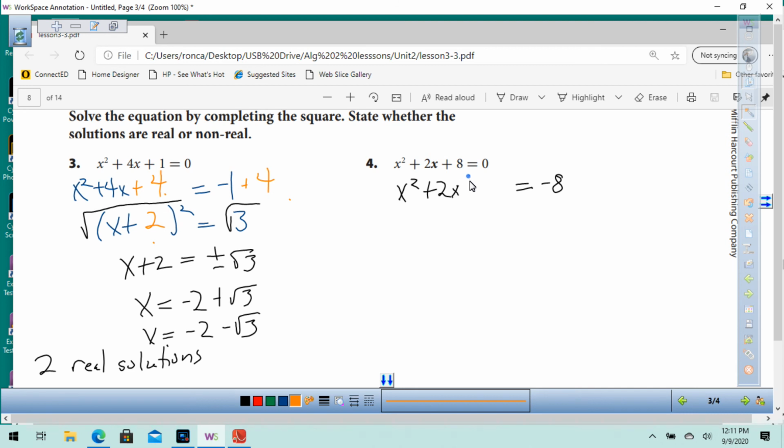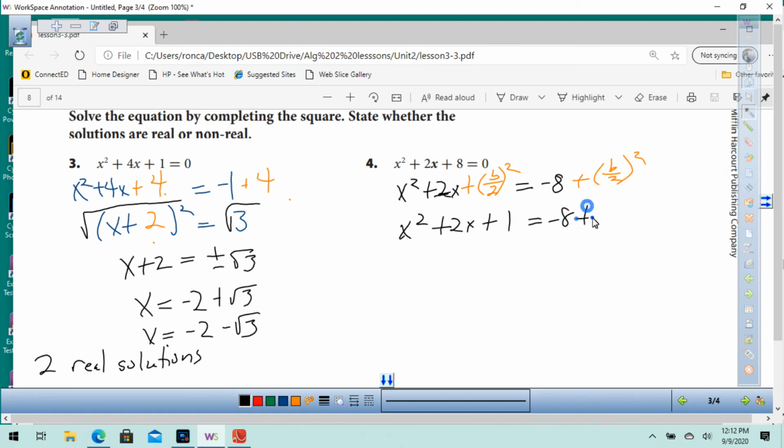We're going to add b over 2 squared to both sides. Okay, and that's going to give us x squared plus 2x plus, and then we got 2 divided by 2 is 1, and then 1 squared is 1.